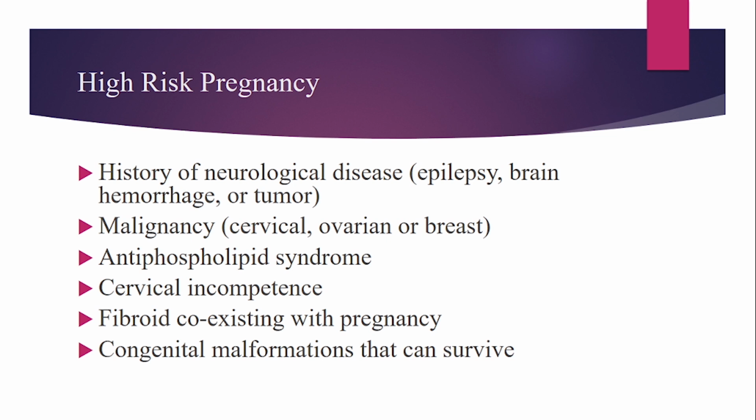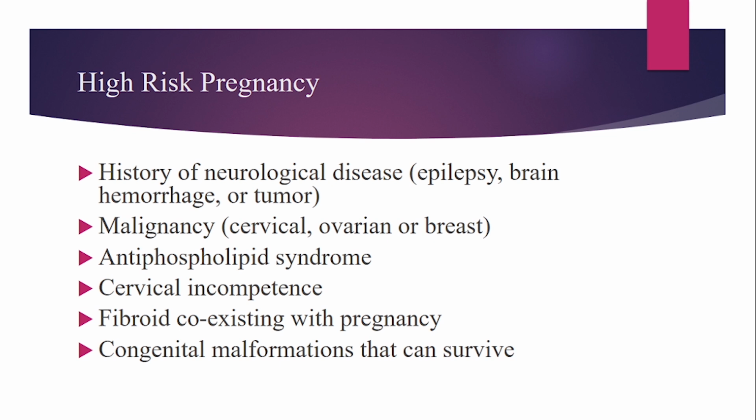Also, we may have women with neurological diseases, women with epilepsy, women with brain tumor, or women on treatment for any form of malignancy, like cervical, ovarian, or breast. All these women constitute high-risk pregnant women. Women with antiphospholipid syndrome, women with cervical incompetence, which will have manifested as recurrent pregnancy losses.